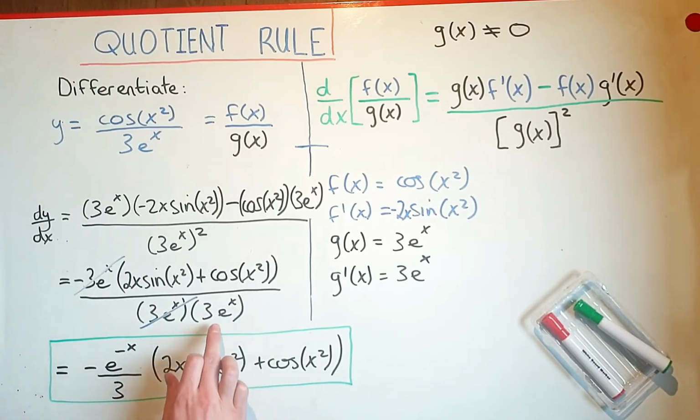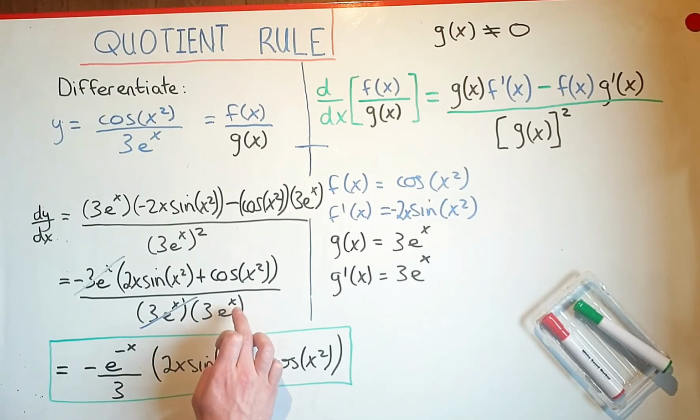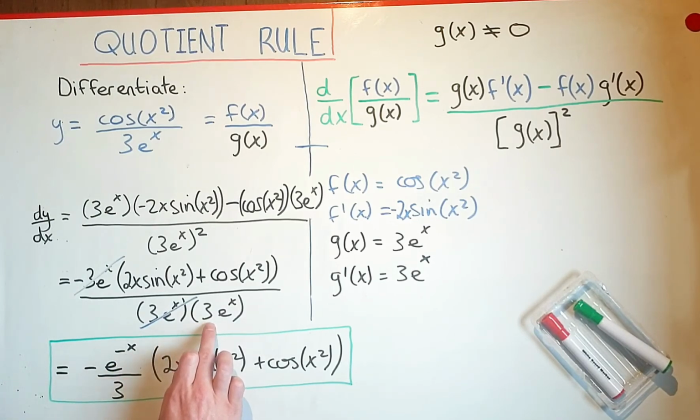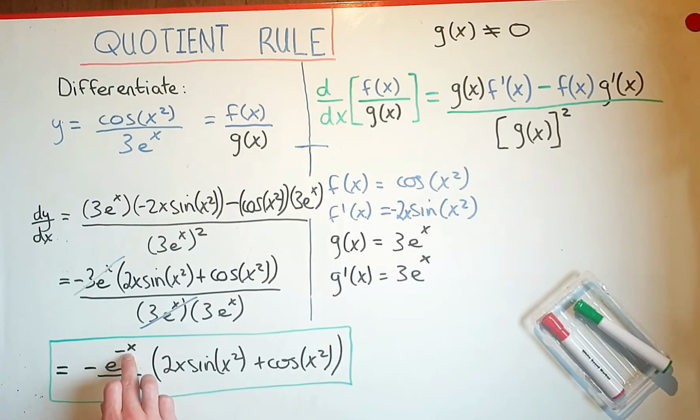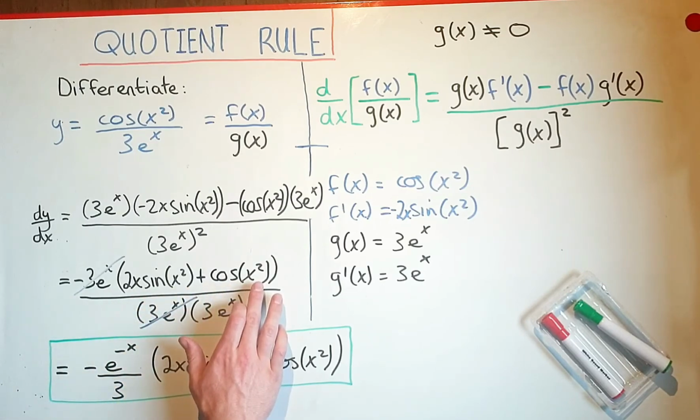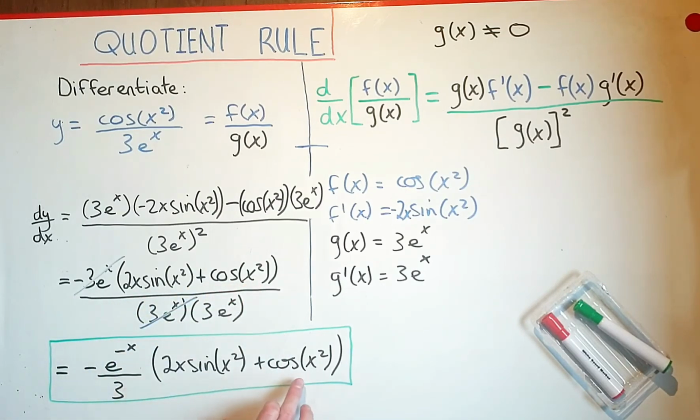And then I brought up the e to the x that was left over, and we know when we bring up something, the power changes sign. And then we still had that third that I left here. So that left us with a minus e to the minus x over 3, and then it was just the rest of the equation here, the sine and the cosine, giving us our final answer.